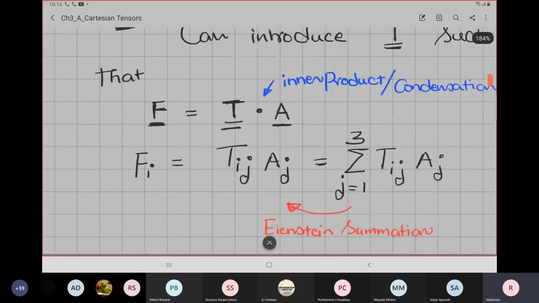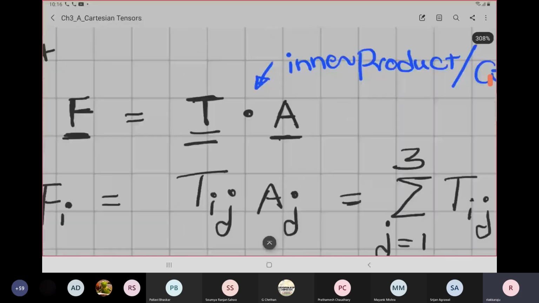If I do T dotted with A, the meaning is summation of Tij Aj, based on how many dimensions we have, 3 dimensions, with j equal to 1, 2, 3. We will be in a position to define an inner product.